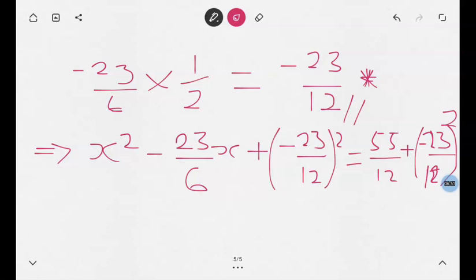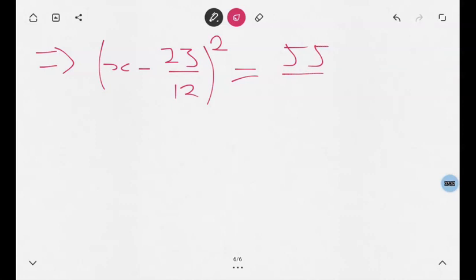As you can see now, after adding the square of half of the coefficient of x to each term, we have formed a perfect square, and we need to simplify the right hand side.